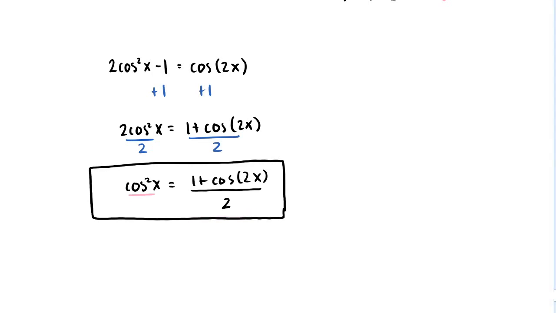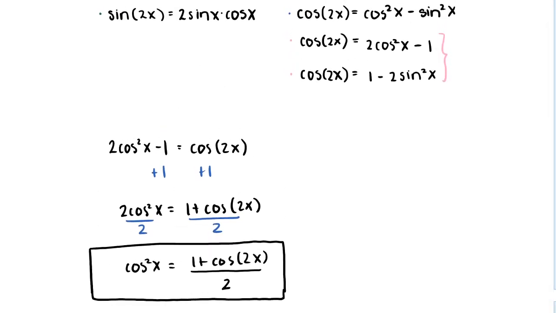We can do something very similar for the sine squared function. We can take that bottom double angle identity, 1 minus 2 times sine squared of x is equal to cosine of 2x, and we can isolate that sine squared of x to give us an identity that lets us convert sine squared of x into a single power of cosine.